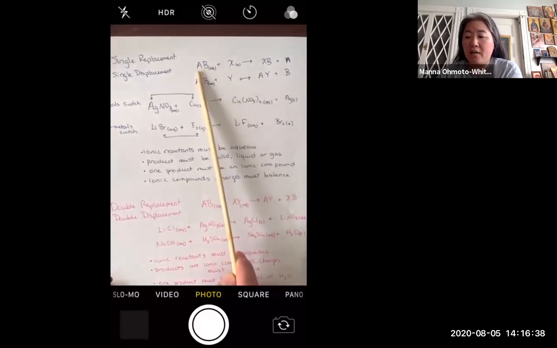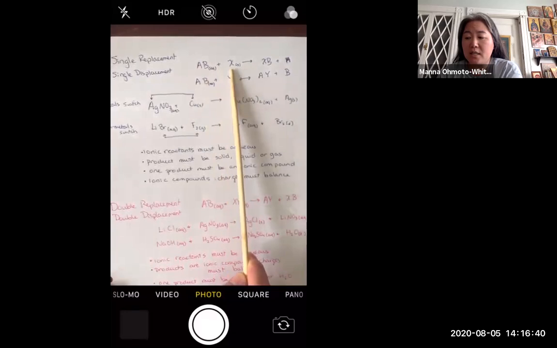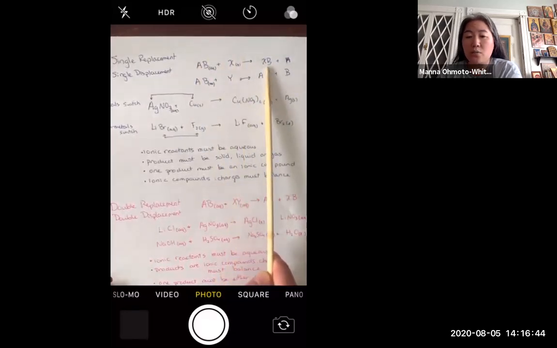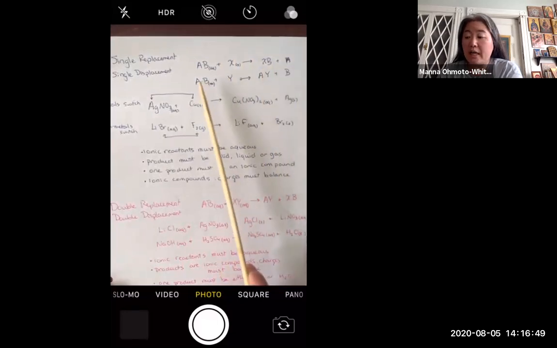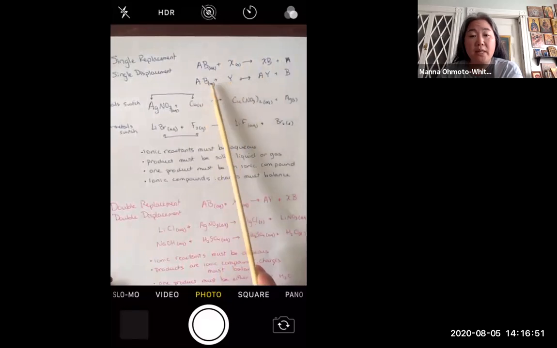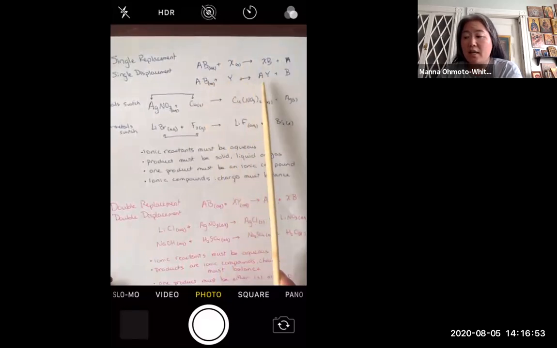Here I have AB plus X, and X switches places with A, so now X is with B and A is left alone. Or I might have AB and Y switches places with B, so now A is with Y and B stands alone.